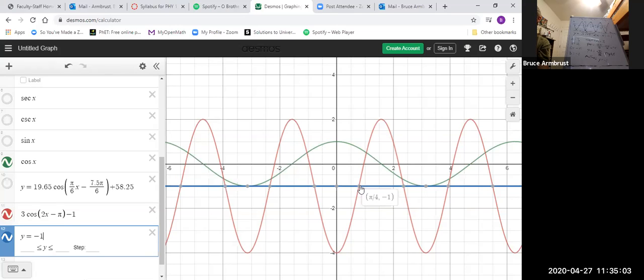That pi over 4 is halfway between the maxes and mins of 0 and pi over 2. And then we've got 3 pi over 4, and 5 pi over 4, and 7 pi over 4, and so on. So it's exactly what we got. Obviously a little bit faster because we're using the technology, but we're able to build it by just breaking it down piece by piece.